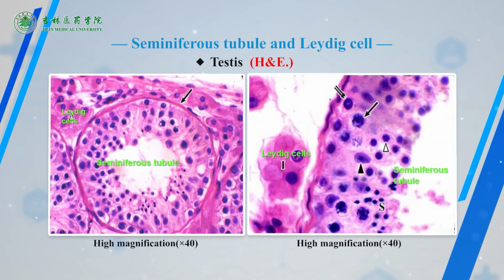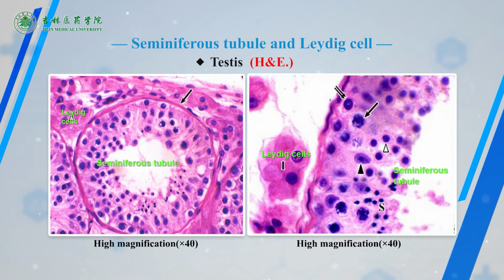On the histology slide, the wall of the seminiferous tubule is stratified epithelium, which consists of two types of cells, that are Sertoli cells and spermatogenic cells.